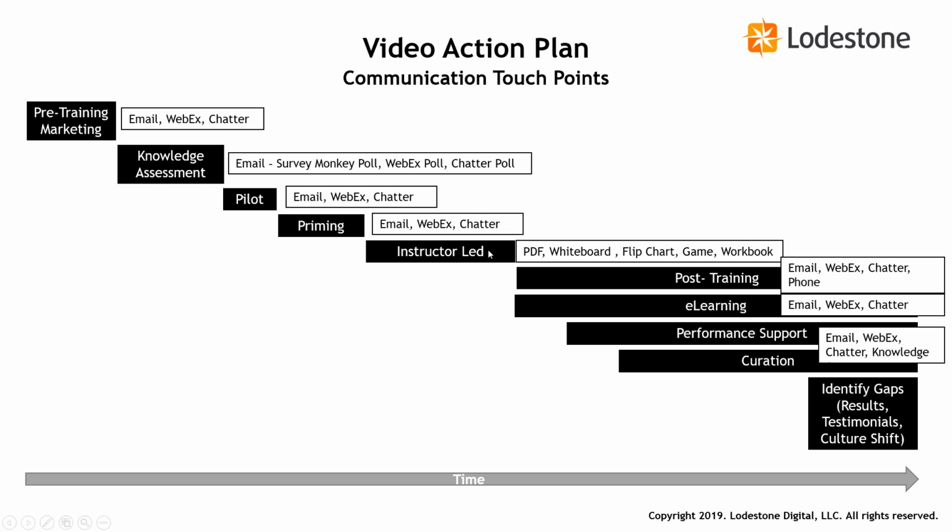Instructor-led training down here in the middle. PDF, whiteboards being used, flip chart, game, workbook. Right? So again, what we're doing is taking a look at our current reality in our organization and what are these specific delivery channels for these touch points.